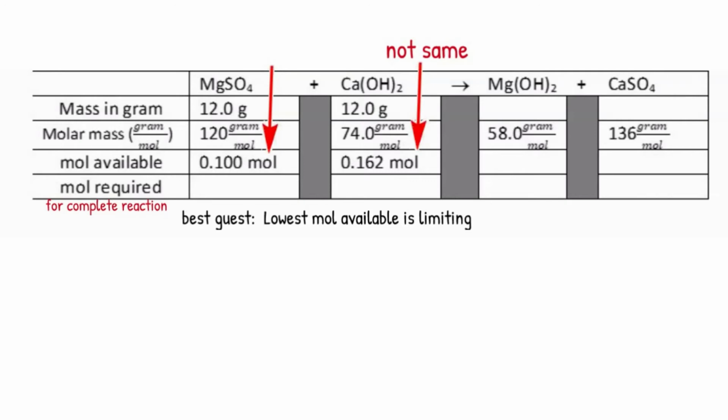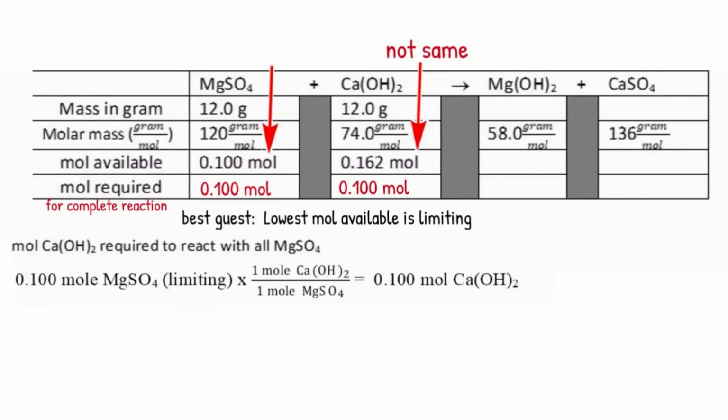By choosing magnesium sulfate as the limiting reagent, the mole required of magnesium sulfate for complete reaction is exactly the same as the mole available, because magnesium sulfate will be used up. Note the mole of calcium hydroxide required for complete reaction is 0.100 mole as well. The formal format for showing this calculation is shown here.